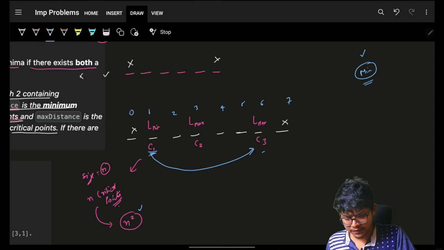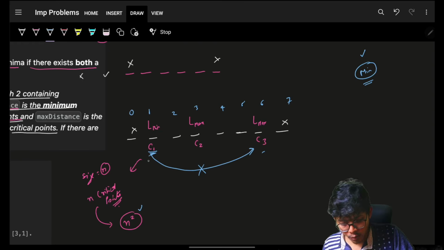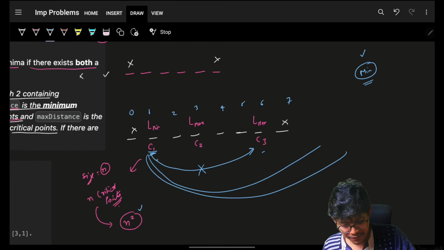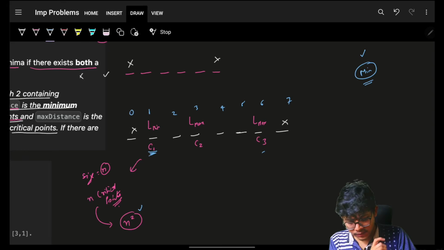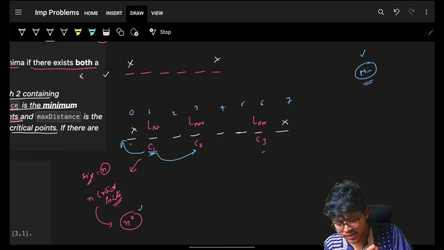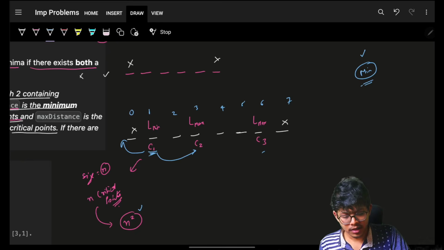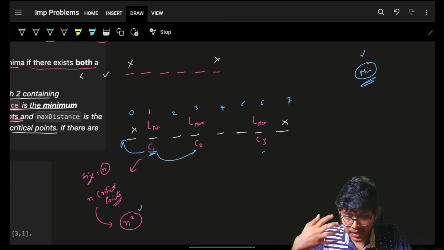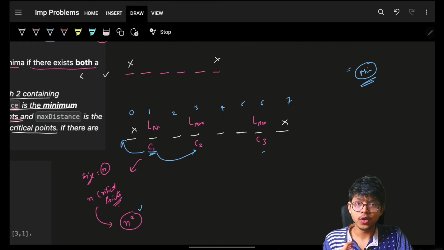So this path was redundant. What about if I had C4, C5, C6? All of them are redundant. I only want my nearest critical points to leverage in minimizing my minimum distance.